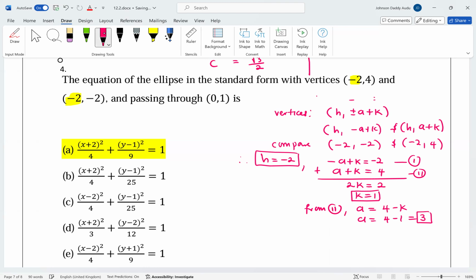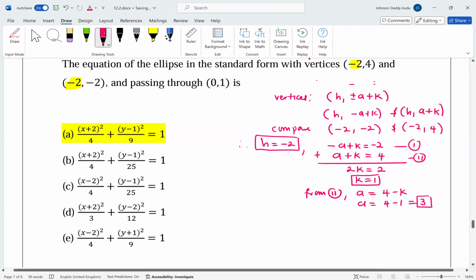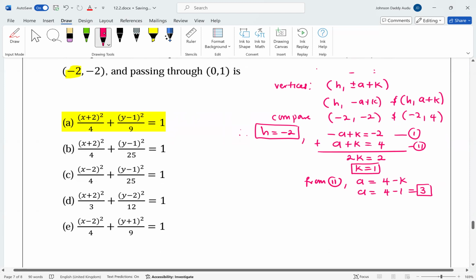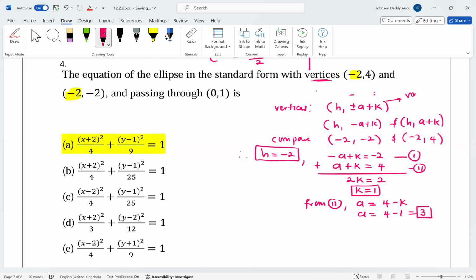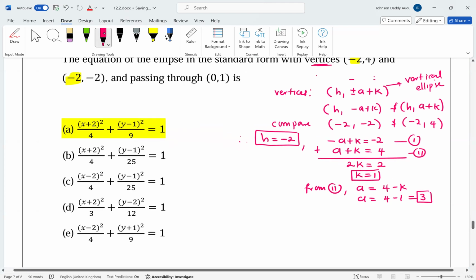Okay. Now you have your a and k. From the vertices, since the changes are happening along the y-axis, we said it's a vertical ellipse.